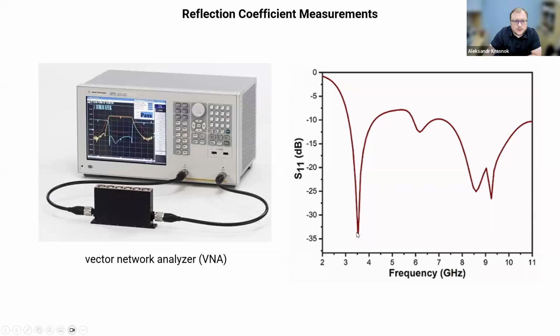The smaller this value, the smaller the wave that returns. For example, if this is the result of measurements of an antenna, here it means that the antenna doesn't reflect, it actually works as an antenna, it radiates. We'll be talking about antennas next time.